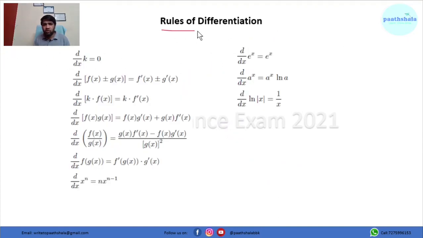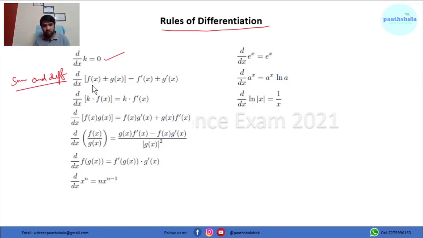Let's talk about the rules of differentiation. There are several rules which I have mentioned here, and I've also shared the formula sheet in our classroom. So let's see what those formulas are. If I take the differentiation of any constant term, it will result in zero. This represents the sum and difference of two functions.